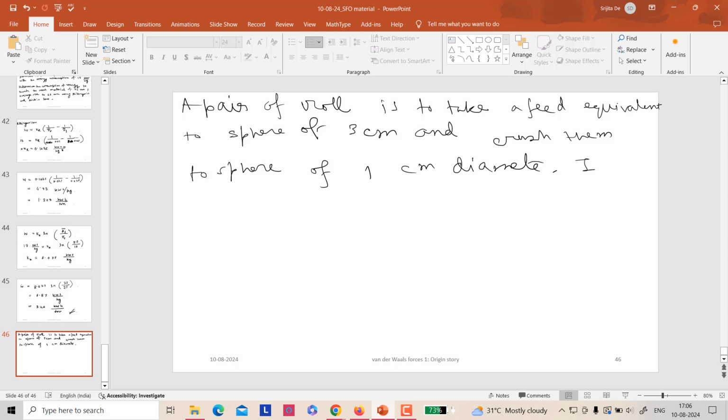If the coefficient of friction is 0.29, what could be the diameter of rolls?